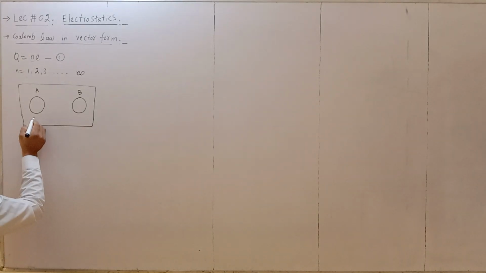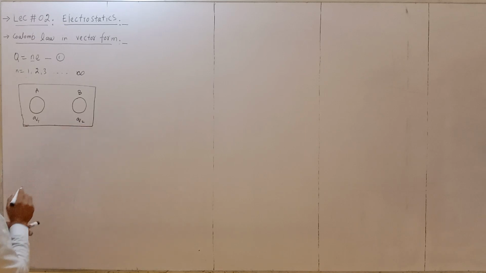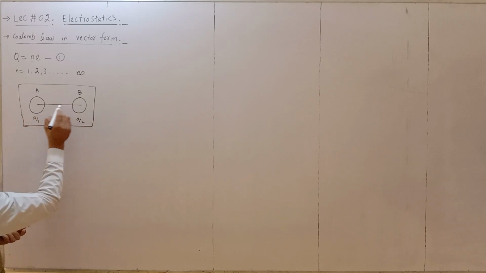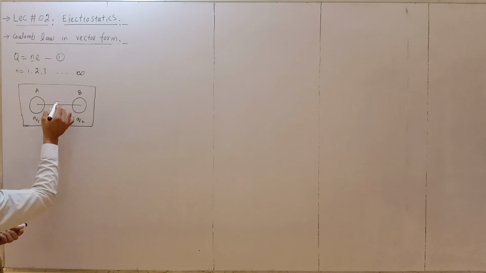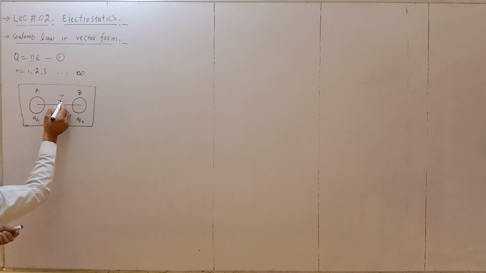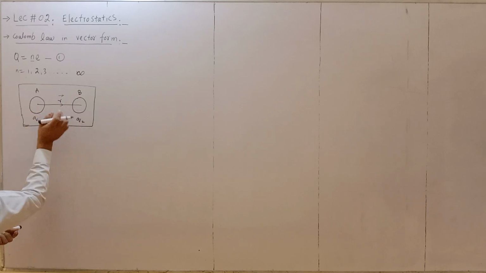So for example, if this body has a charge of Q1 and this body has a charge Q2, and the distance between their centers is R. Now R will be taken in vector form, and the direction is from body 1 to body 2.